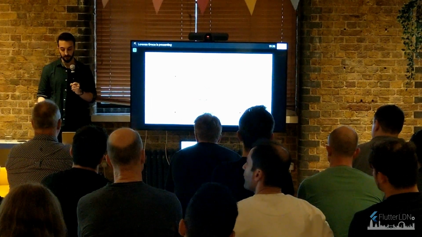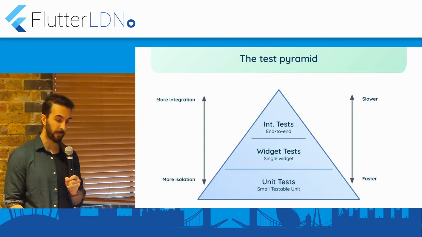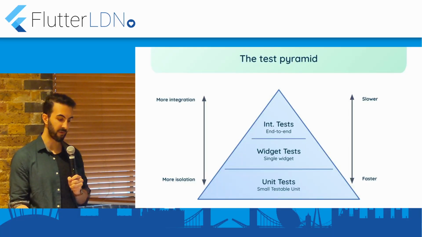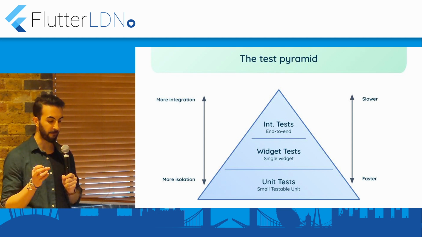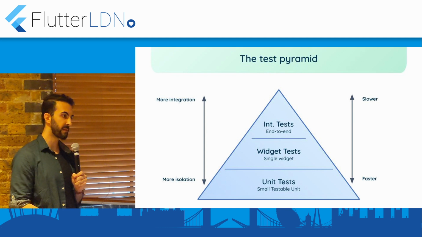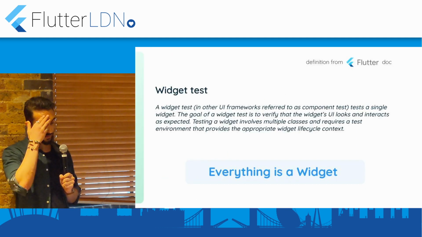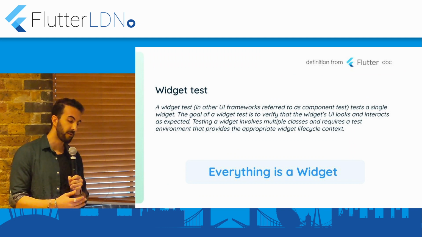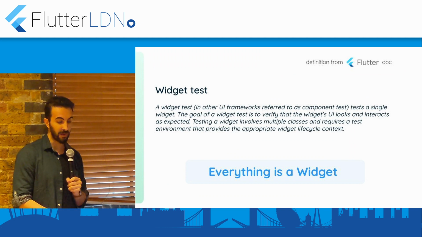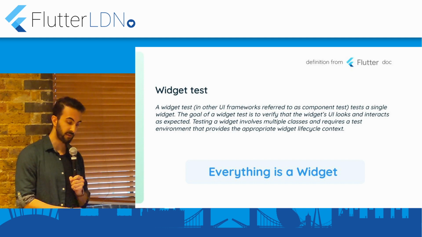So we found a nice way of writing integration tests. So how can we apply this also when we write widget tests? Why should we be constrained to using this pattern only for integration tests, right? At first, let's see what Flutter says about the widget test. In Flutter, a widget test, in other UI frameworks referred to as a component test, tests a single widget.